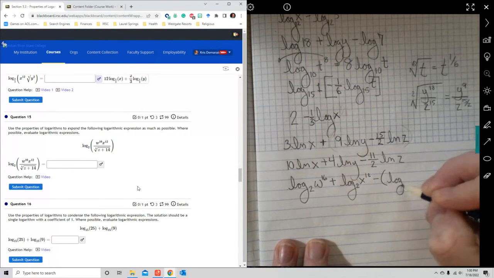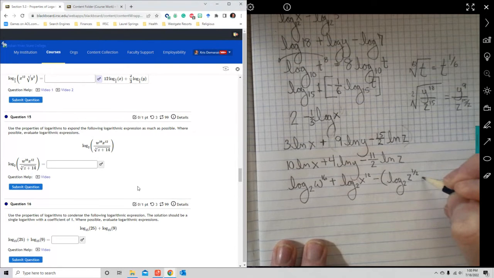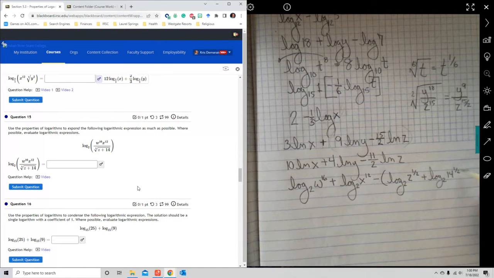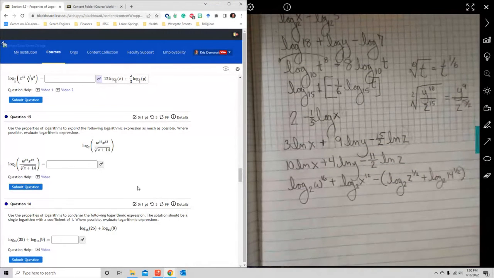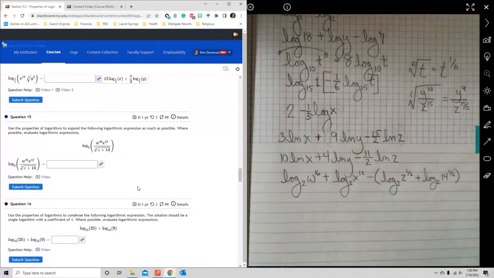log base 2 of z to the 1/2 power, and then you have plus log base 2 of 14 to the 1/2 power. Okay, now you can go ahead and do the power rule.